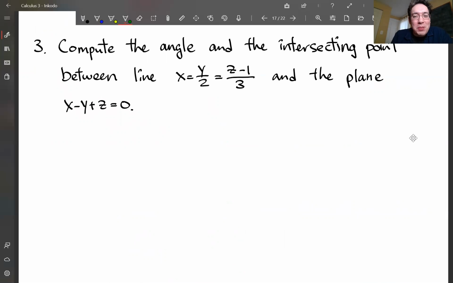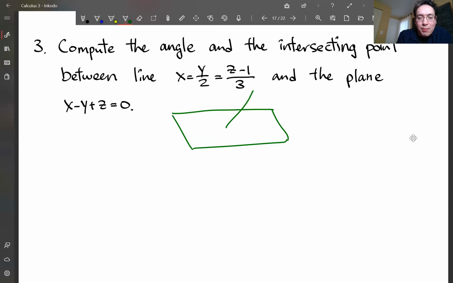Okay. Compute the angle and the intersecting point between the line x equals y over 2 equals z minus 1 over 3. So this is in the symmetric form of a line and the plane. Okay. So we have a plane and we have a line.